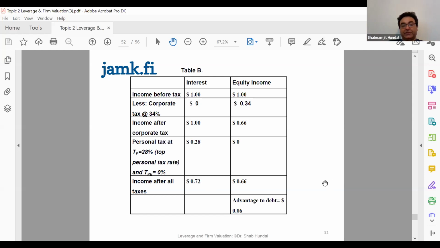So it will be very interesting to see how both work. I would say that the practical approach is that you should consider both the personal income tax and the corporate tax rate.